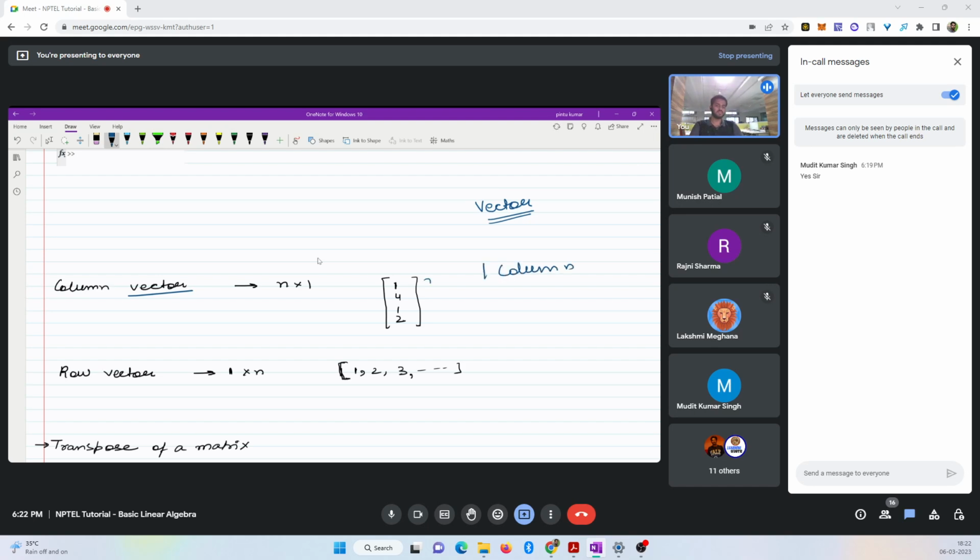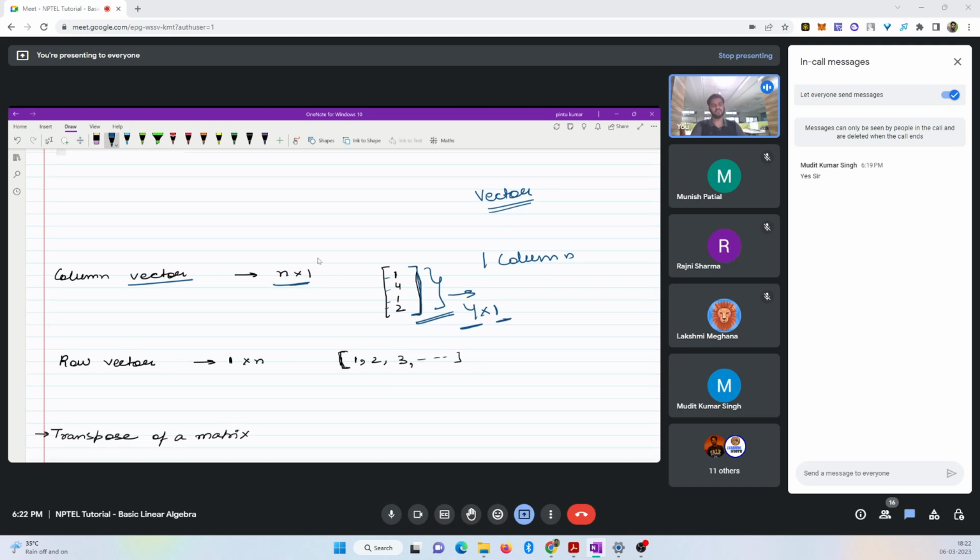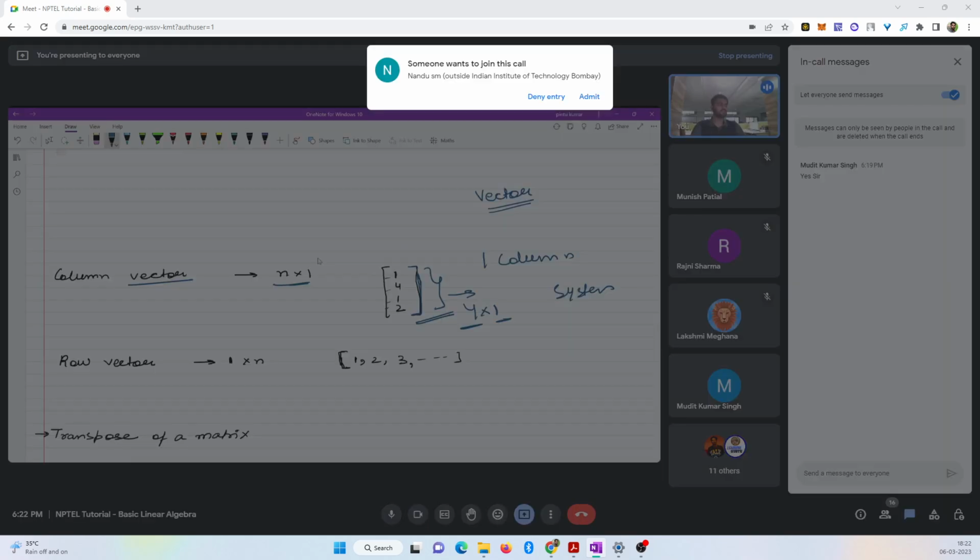These kinds of matrices are called column vectors. Its size is some n cross 1. Over here its size would be 4 cross 1. So this is how a column vector looks. While solving a system of linear equations, we'll encounter these kinds of vectors also.